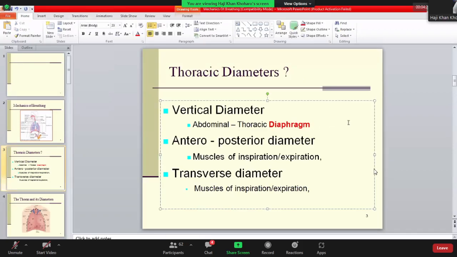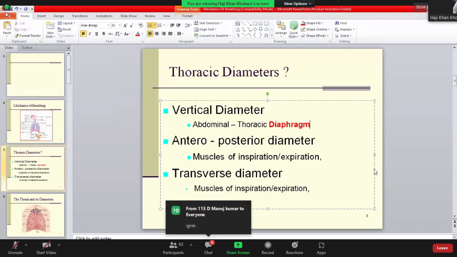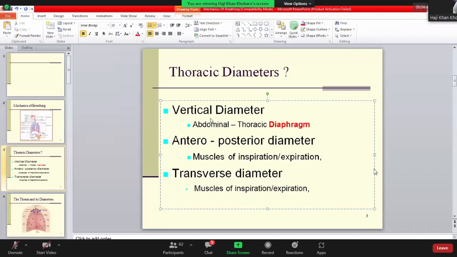The vertical diameter is the one in which the lungs extend from top to bottom, and this diameter is increased or decreased by the upward and downward movement of the thoracic diaphragm, also called the thoracoabdominal or abdominothoracic diaphragm.